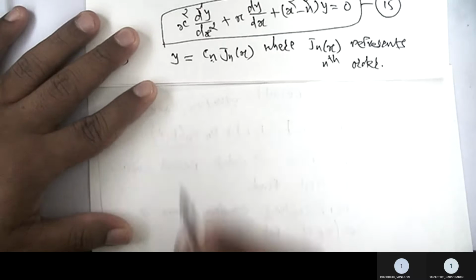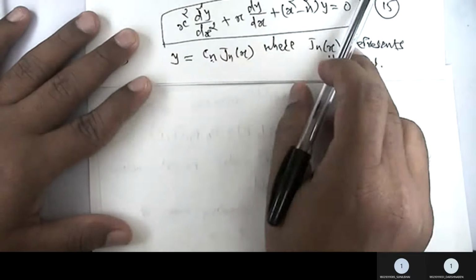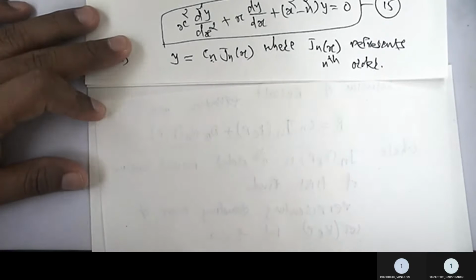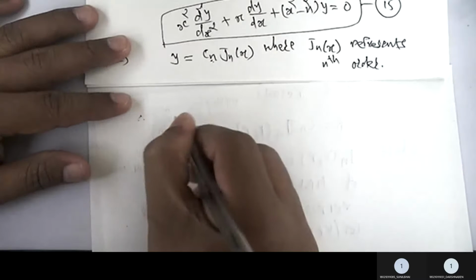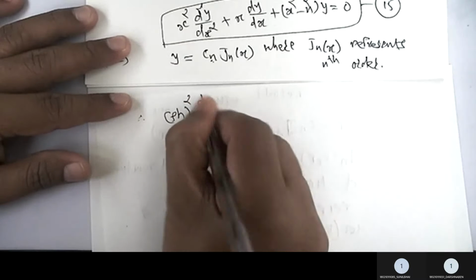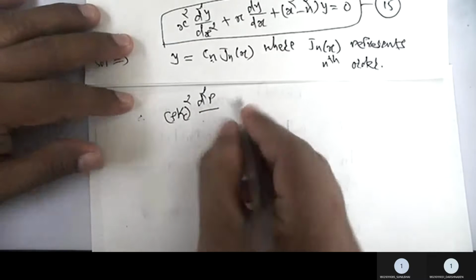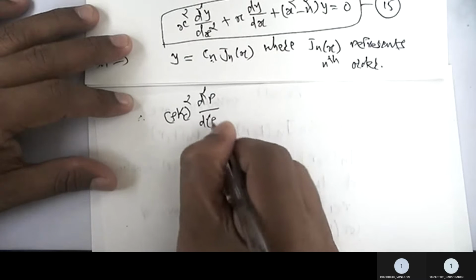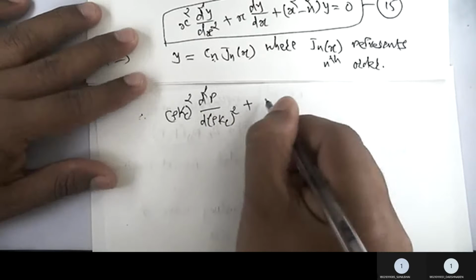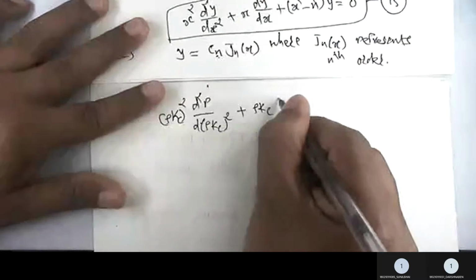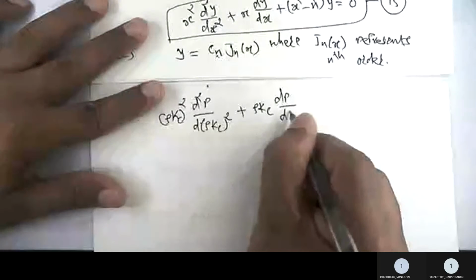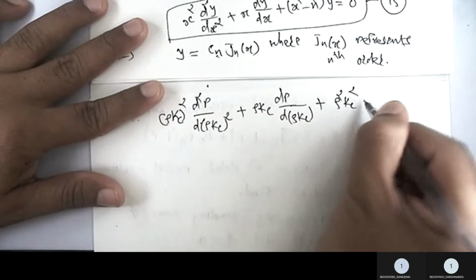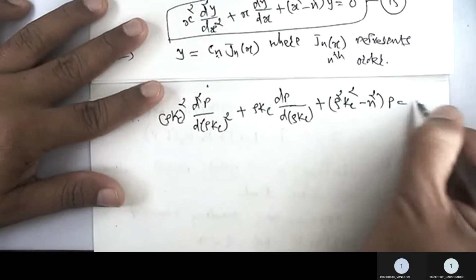So I can now get the similar thing from our expression 14, so that I can write the modified representation of the Bessel function in this way: (rho k_c) whole square d square p by d (rho k_c) whole square plus rho k_c dp by d(rho k_c) plus (rho square k_c square minus n square) p, that is equal to 0.